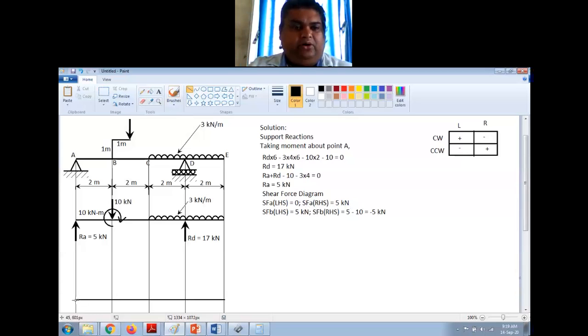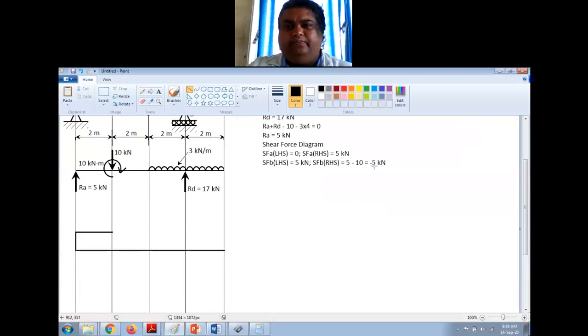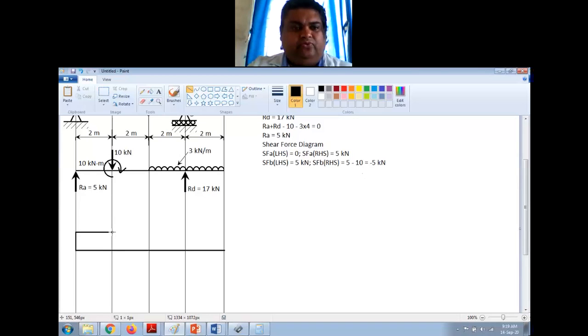So I will draw a line like this. So this is representing 5 kilonewton. And between A and B there is no force, so it will remain constant like this. And at B, it is a 10 kilonewton force which is acting in the downward direction. So it becomes minus 5. So the shear force varies from plus 5 to minus 5. It will come down like this.